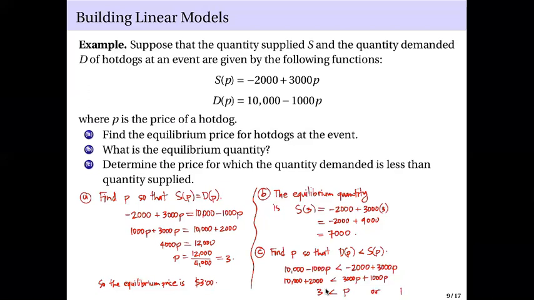Or this guy here, P greater than 3, which is the one that we expect. Lower demand because the price is higher than the equilibrium price.